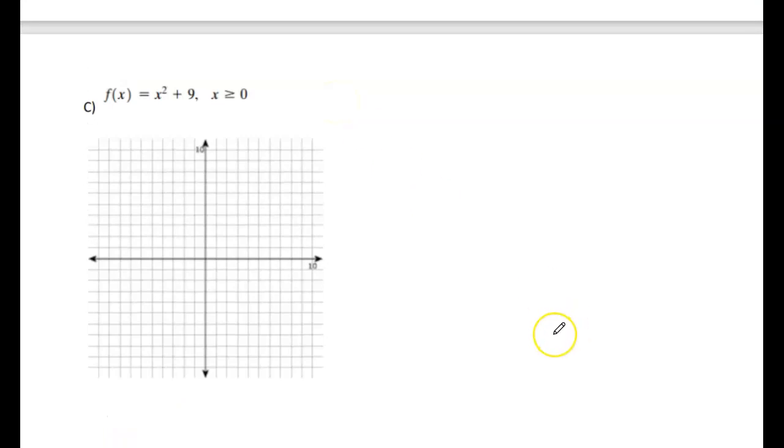All right, let's look at this function. So we have y, or f of x, equals x squared plus 9. And we are going to restrict our domain to just the positive numbers. So this is a one-to-one function.